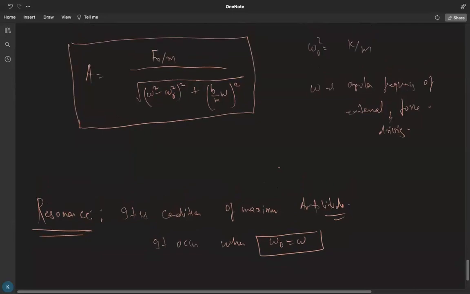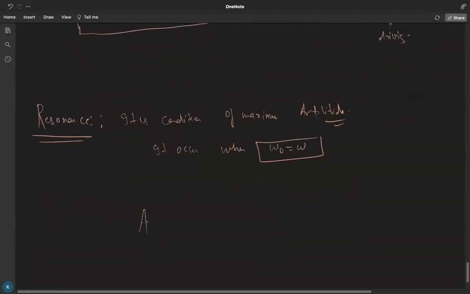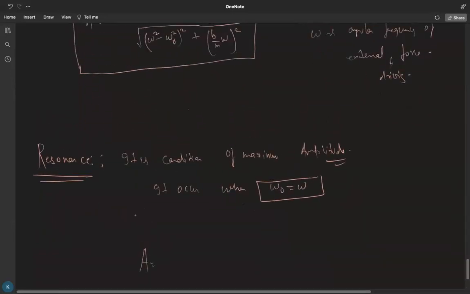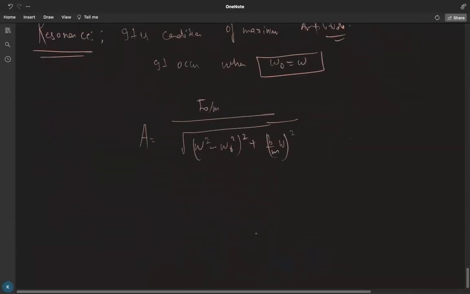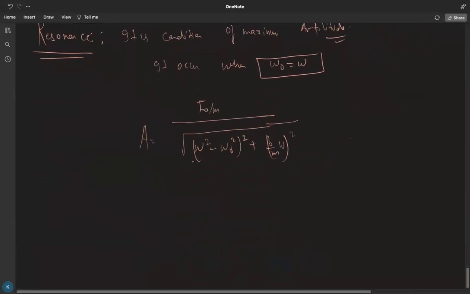Look here. We have the amplitude in the case of damping plus forced vibration: F naught divided by the square root of omega square minus omega naught square, whole square, plus b by m into omega square. We have the maximum amplitude when the first term becomes zero.